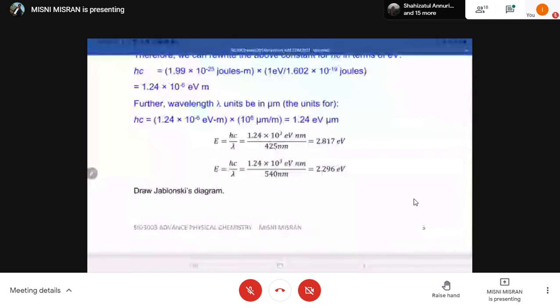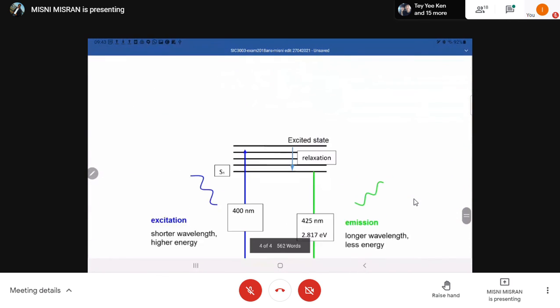Put those two values in the Jablonski diagram, so it must be complete, as I drew just now.